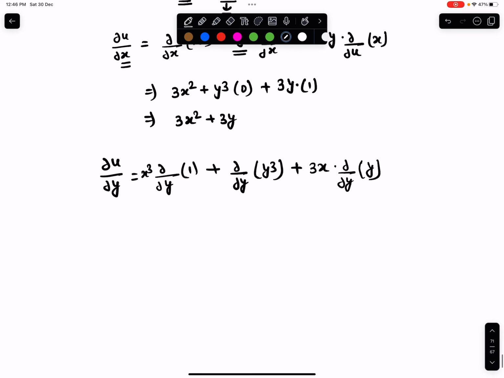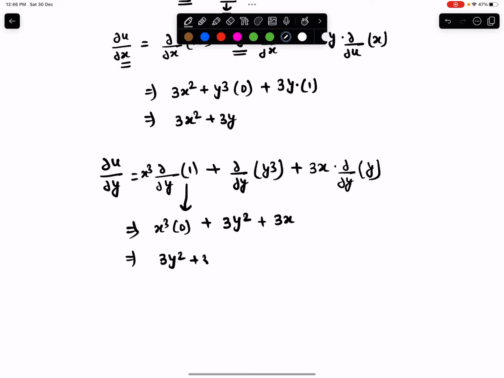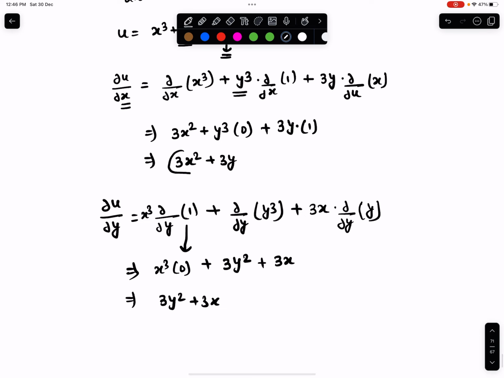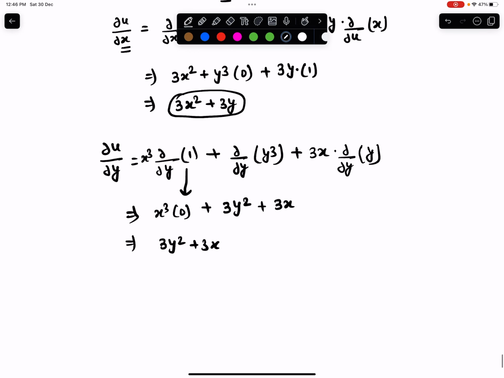So we will get x cube into 0, because the derivative of 1 is 0, plus 3y square, plus 3x, and the differentiation of y is 1. So this is 3y square plus 3x. So differentiating u with respect to x, we get 3x square plus 3y, and differentiating u with respect to y, we get 3y square plus 3x.